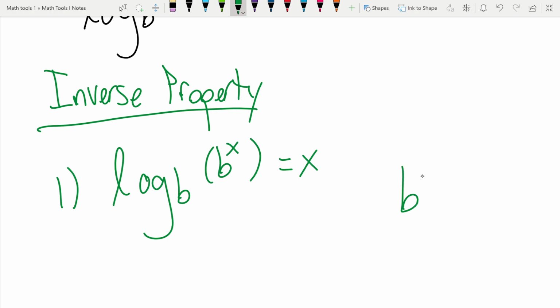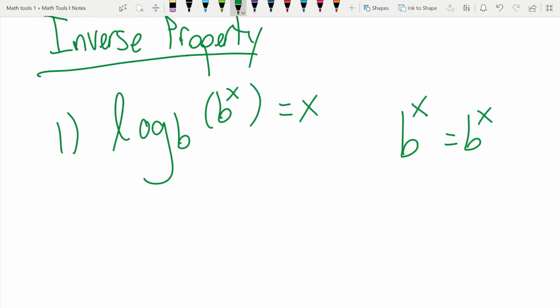If we say b to what power is equal to b to the x, well, the answer just falls out there. It's just x. If you have two of the same base, to get that equality, they have to be raised to the same number. This actually is a consequence of the fact that the exponential function is one-to-one, or invertible.